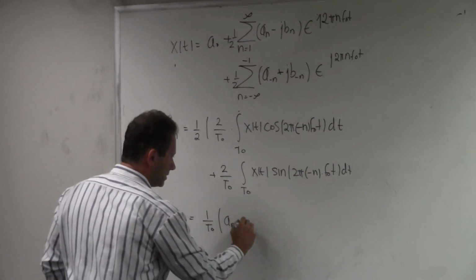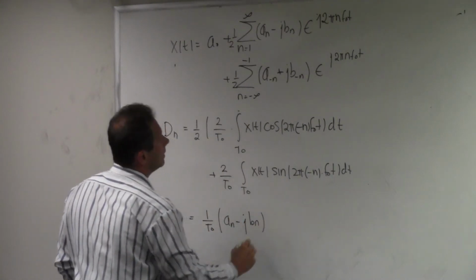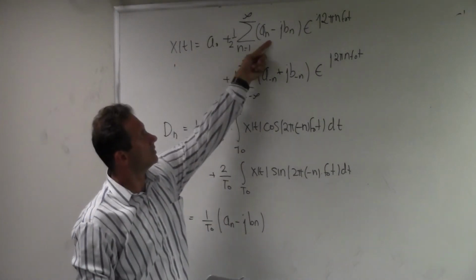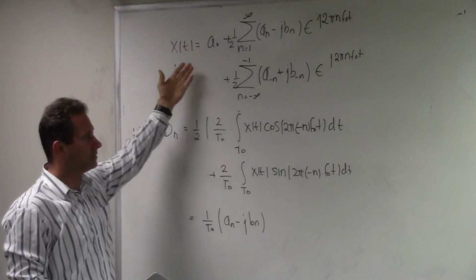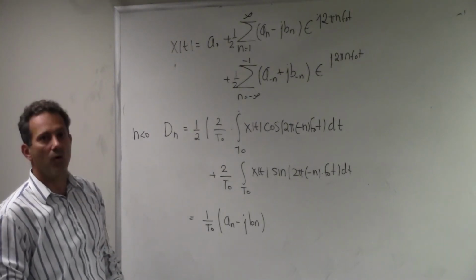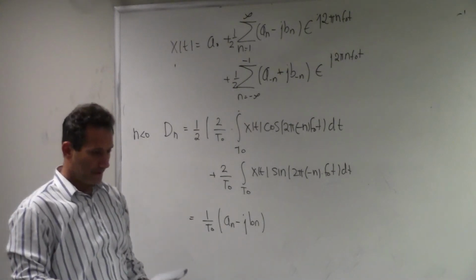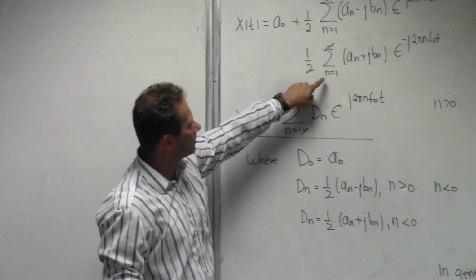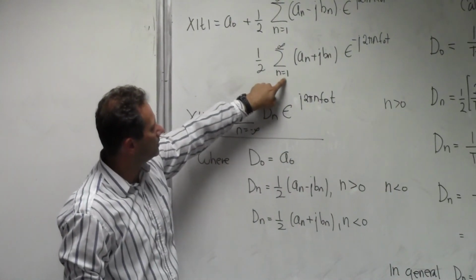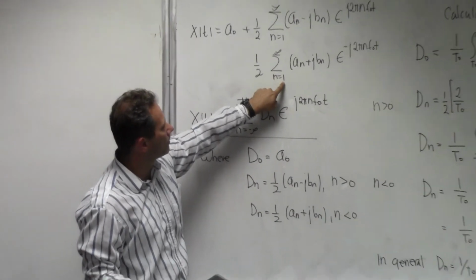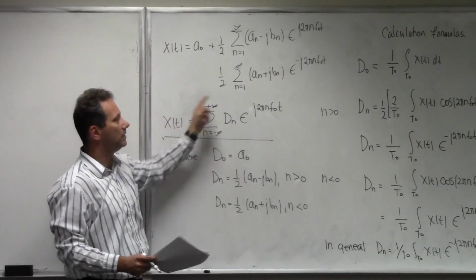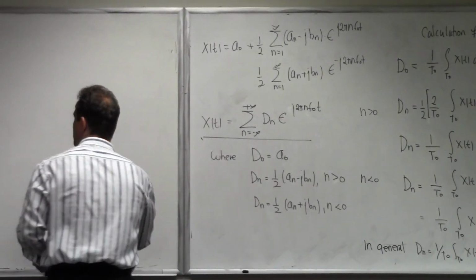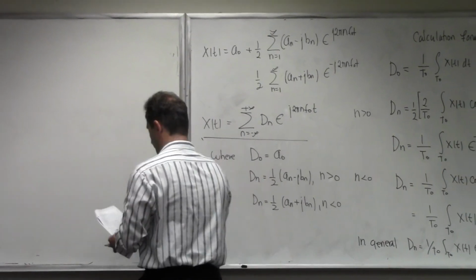So this becomes minus j b of n. And then looking at it formally, this is the same as this. So now you can actually see that the same formula is valid for all n's. The trick is that there's one step missing here, when I switch this summation not going from 1 to infinity, but from minus infinity to minus 1. Okay, so let me summarize everything.